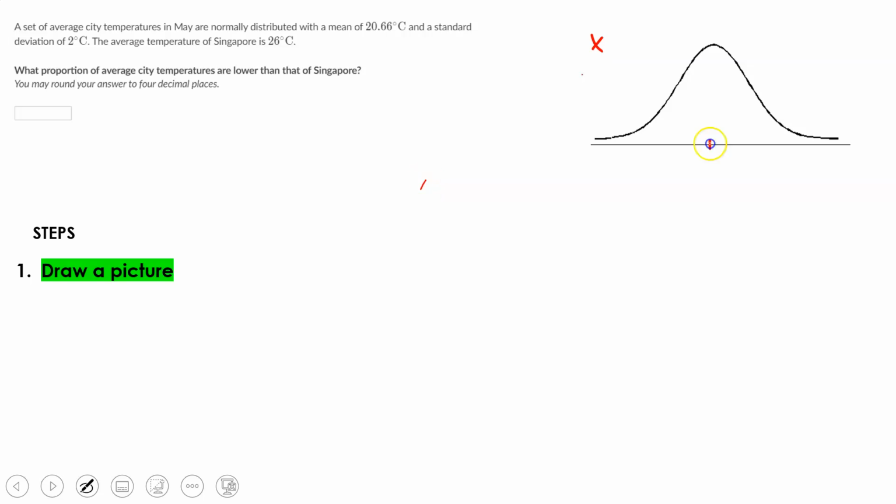The x values: the mean is equal to 20.66, the standard deviation is equal to 2, and the value we're trying to work with is 26, so that's going to be higher.